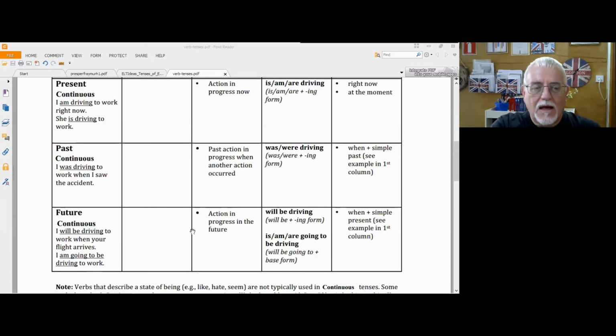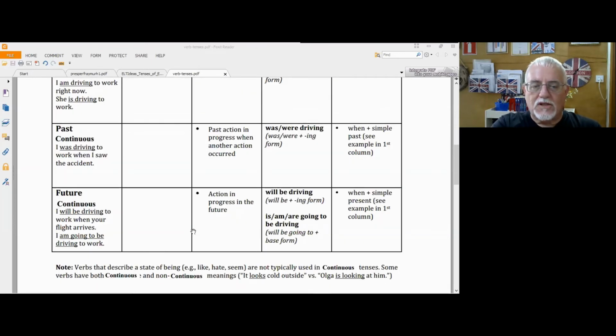Future continuous, okay? So it's an action in progress in the future. I will be driving to work when your flight arrives. I am going to be driving to work, okay? So it's an action that's going to be in progress when another action occurs in the future, as in this first sentence.